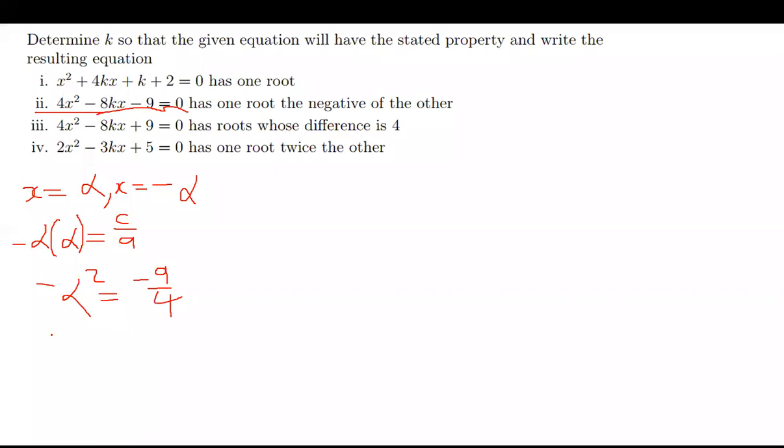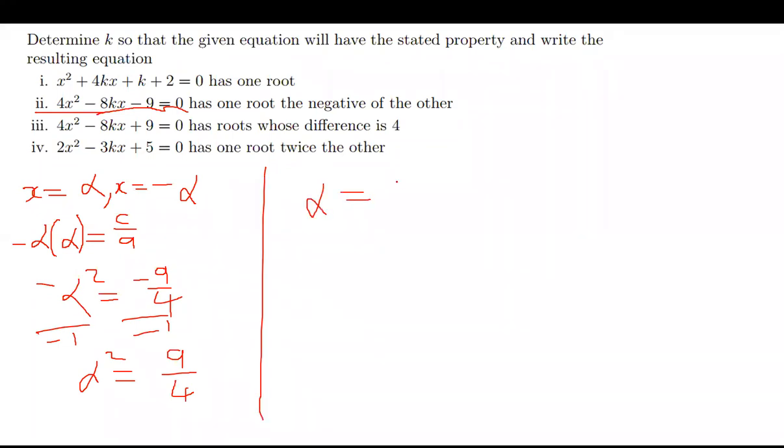So here to find our alpha, you just need to divide by negative 1 on this side and on this side. Meaning you remain with alpha squared being equal to 9 over 4. So now to find alpha, you just find the square root, which is plus or minus the square root of 9 over 4.